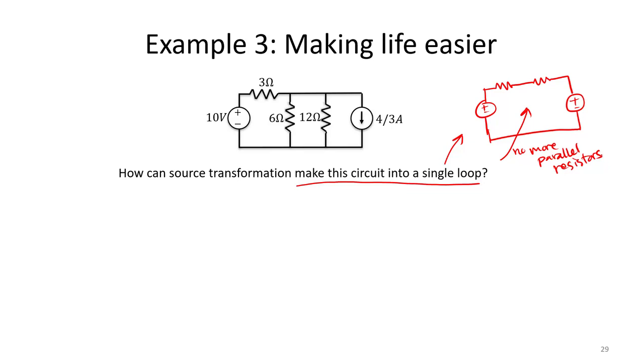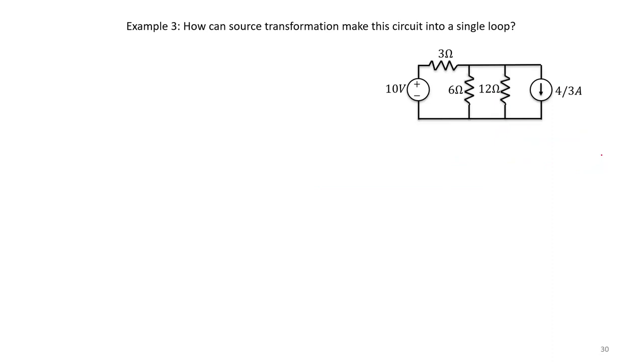Let's think about how source transformation could simplify this circuit. I'd encourage you to try pausing the video and think about it, and then we'll do it together. Okay, well, my goal is to turn this circuit into a single loop, right?